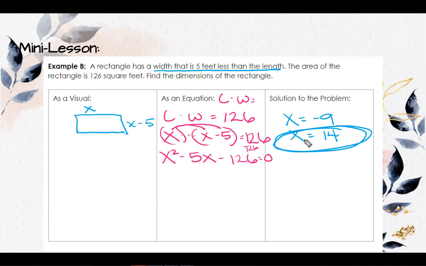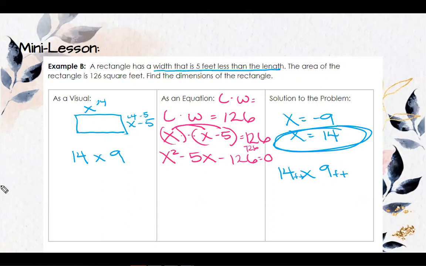So you plug in 14. So 14, and then this is 14 minus 5. So this is 14 by what? 14 by 9. What is 14 times 9? So we know that we're correct. 14 times 9, and then we're doing feet, right?